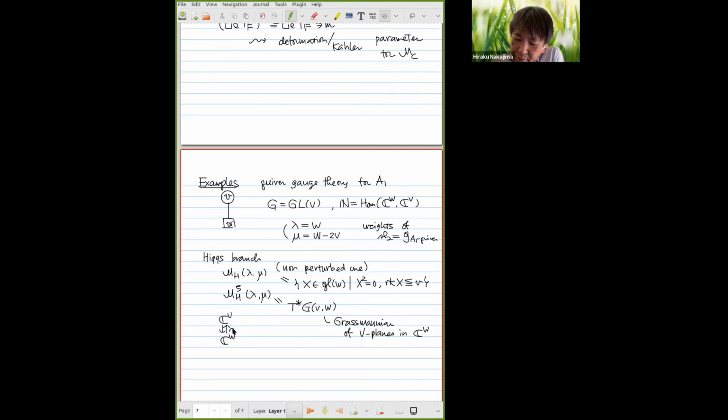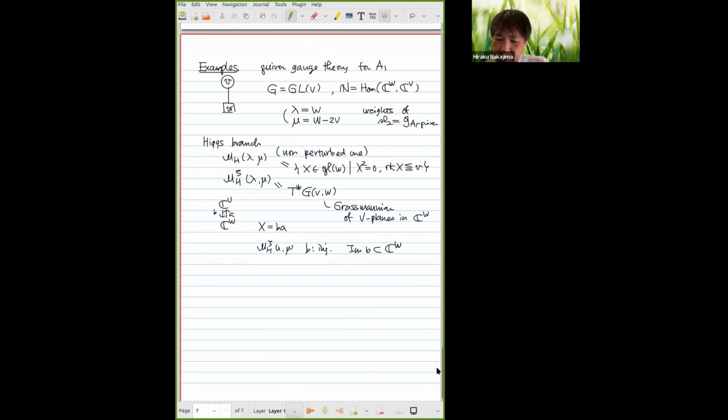So we have a map like this because I was taking the cotangent, and also X is B times A. In this case, if we put zeta, then B is injective. So the image of B is a subspace in C^W. So this is roughly the correspondence.